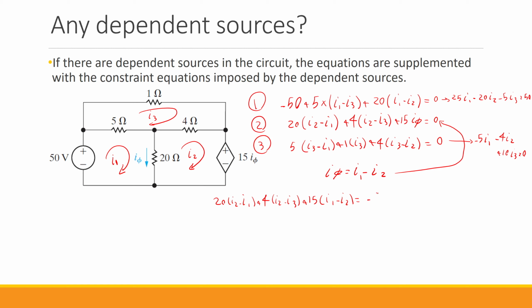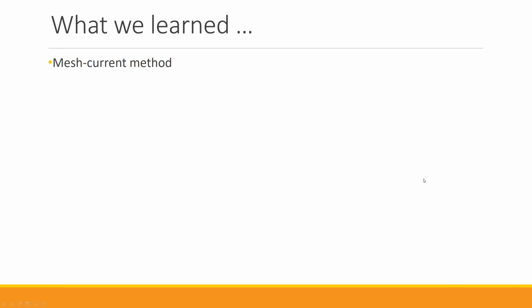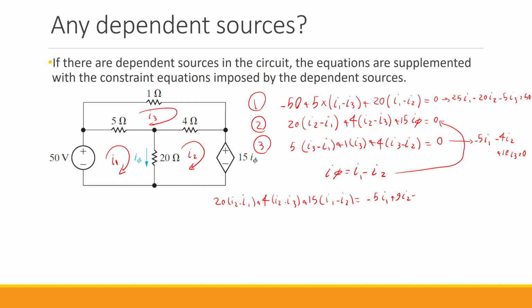It's going to be negative 5 I1. Positive 20 I2 plus 4 I2, it's going to be 24 I2. Negative 15 I2, it's going to be 9 I2. And then finally negative 4 I3. So negative 4 I3 equals 0.